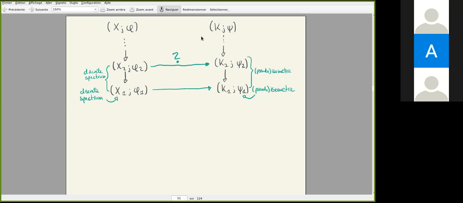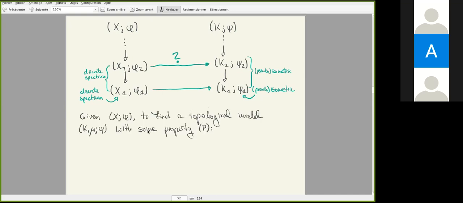Well, this would mean that we have to find even more topological models. So not just for x1, phi1, but also for x2, phi2. And now things are getting interesting because we need to find a topological model which maps for this discrete spectrum extension, which is an isometric extension.